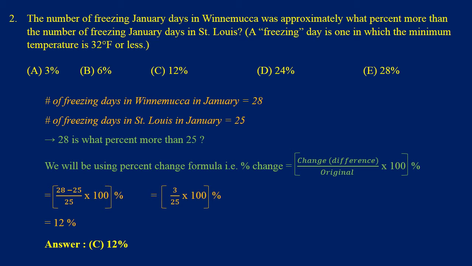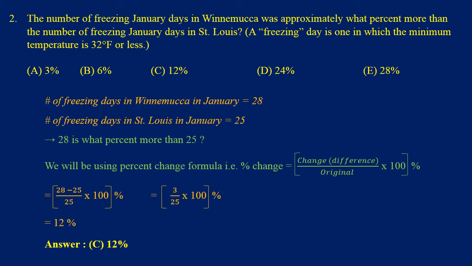The question is asking us what percent more, which means that it is a percent change question. Secondly, it is asking us about the temperature of 2 towns in the month of January, and it is also giving us the description that 32 degrees Fahrenheit or less is the minimum temperature.